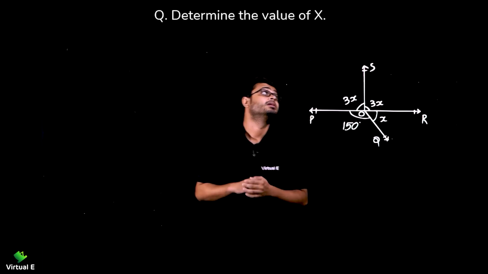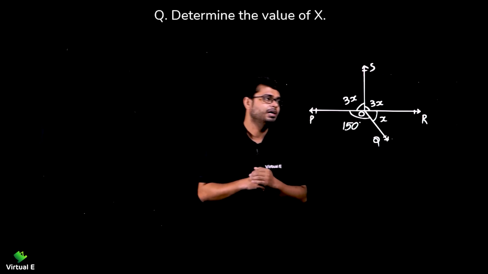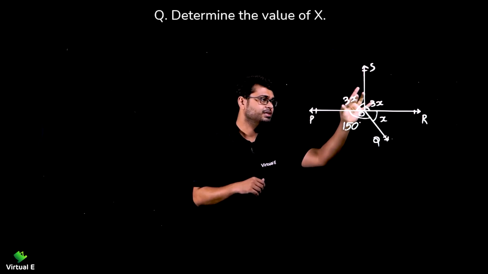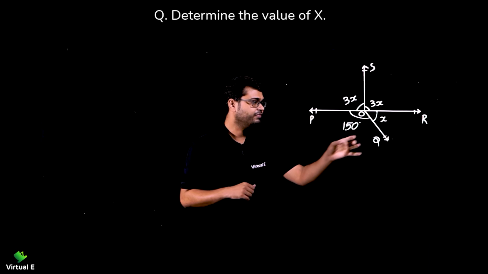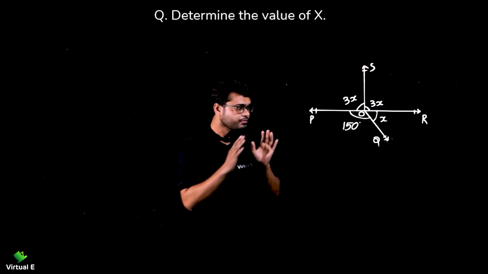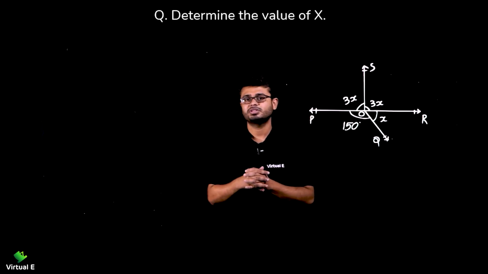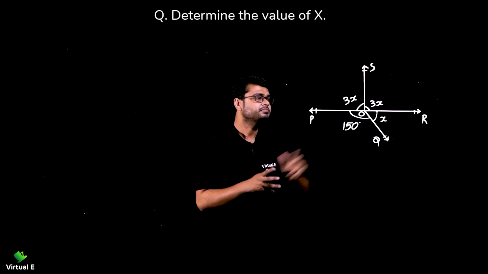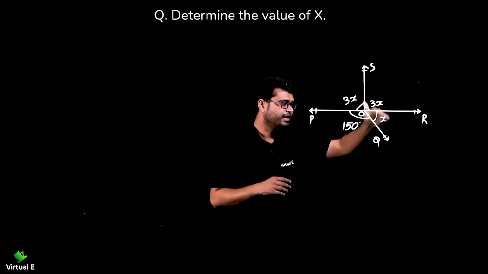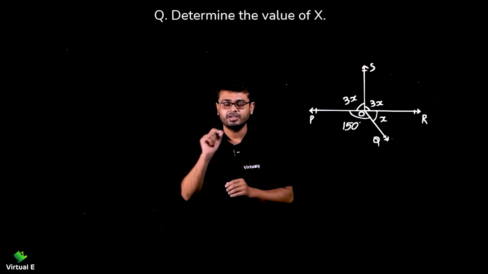So let's start. Determine the value of x. We need to find the value of x over here. We have this figure, right? This angle is 3x, then 3x, then 150, and x. This is the intersection point O. Now, when you see this figure, one thing we can observe very clearly is that if I start from R and keep moving continuously and come again to R, what kind of angle will it form?